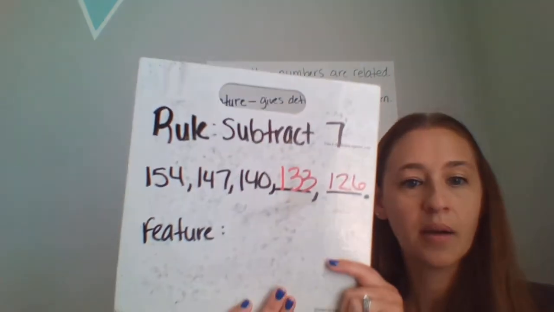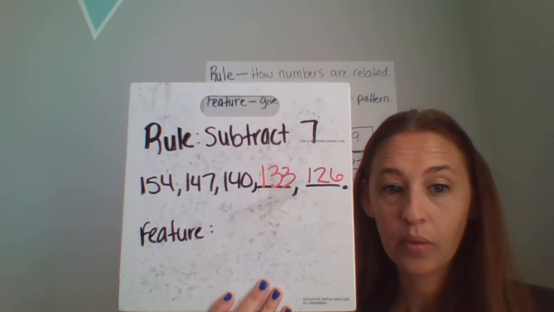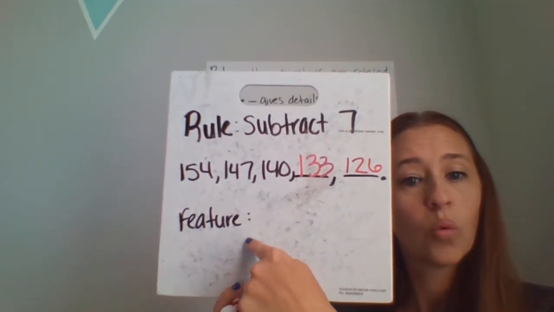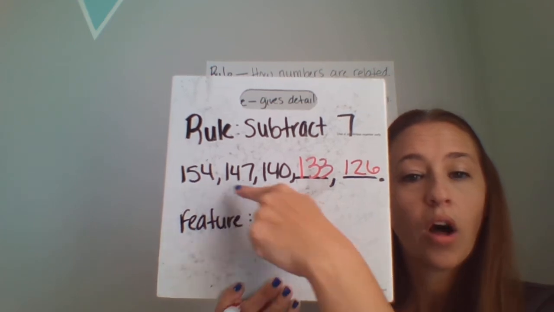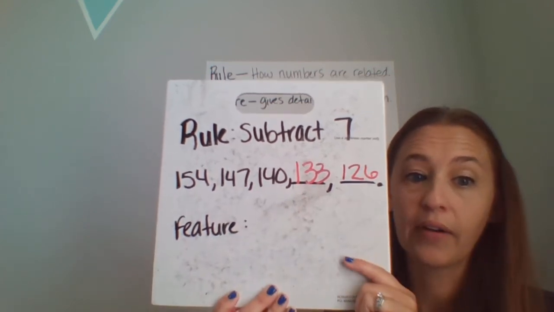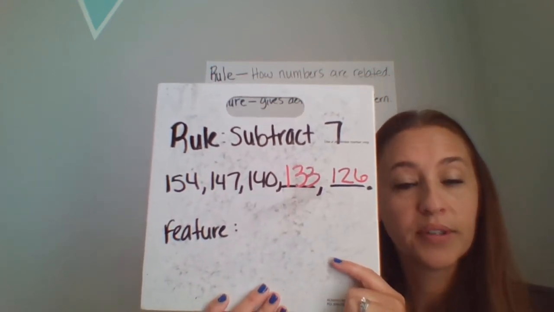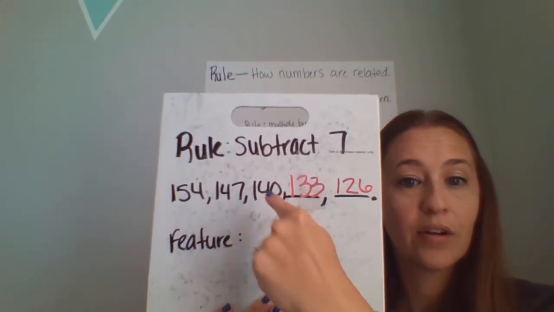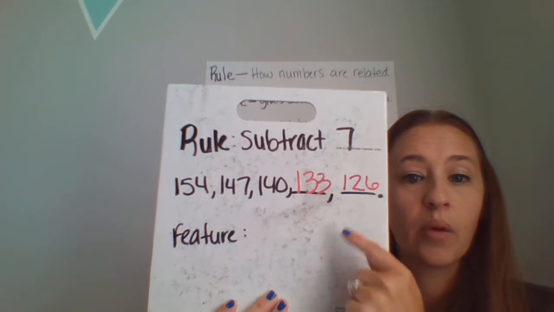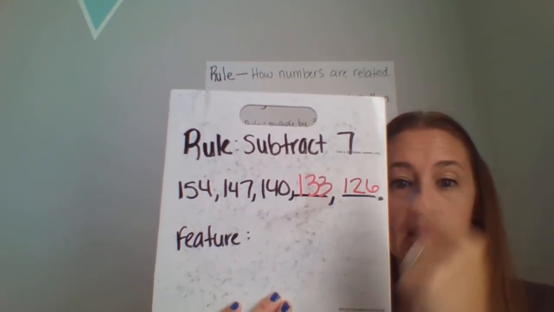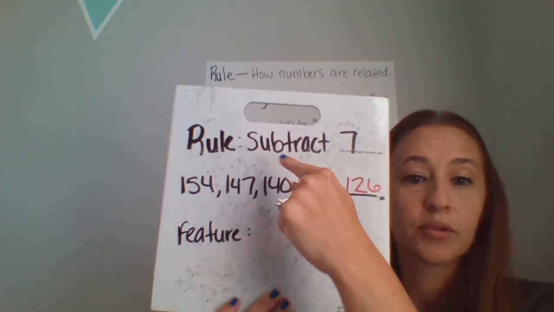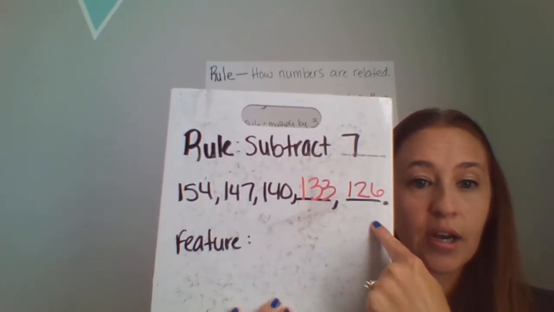Once I fill in my number pattern and I check my work, it's going to give me a second question. And the question is going to ask, what is the feature? Well, all of these numbers, although they're very, very big, are multiples of 7. And we know this because we're taking 7 away each time. And we also know that 7 times 20 would give us 140. So subtract 7 to get the numbers in our pattern.